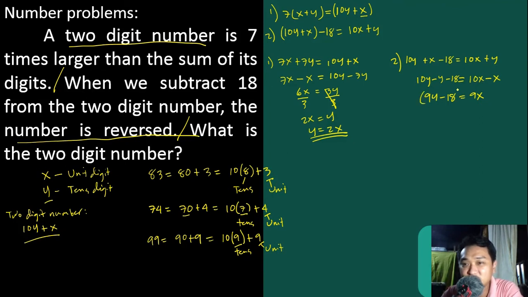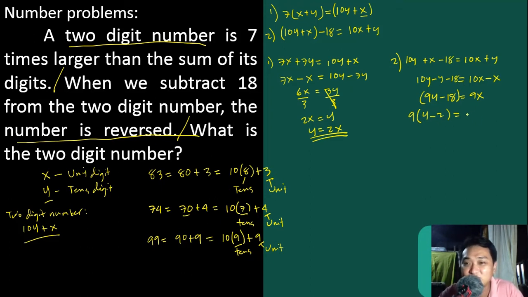Now, here, pwede tayong mag-factor out ng common monomial factor, which is 9. So, that is 9 times the quantity y minus 2. Naalala niyo yung first topic natin dito sa grade 8, yung removing or factoring out the greatest common monomial factor or the GCMF.